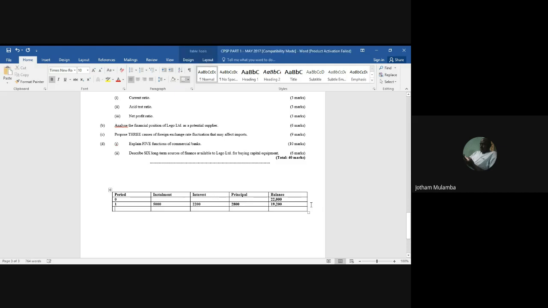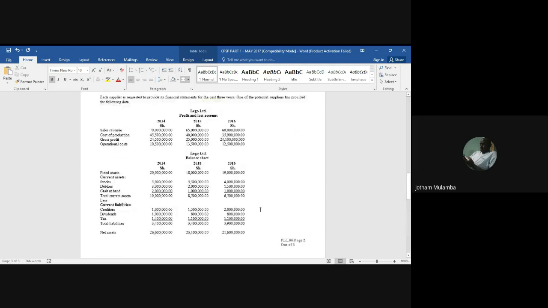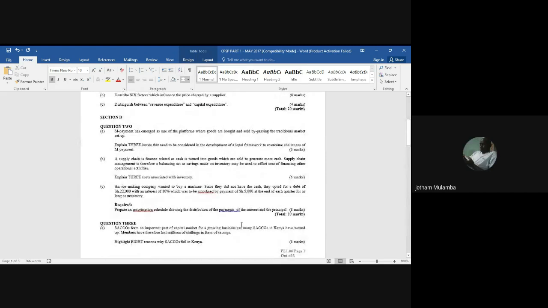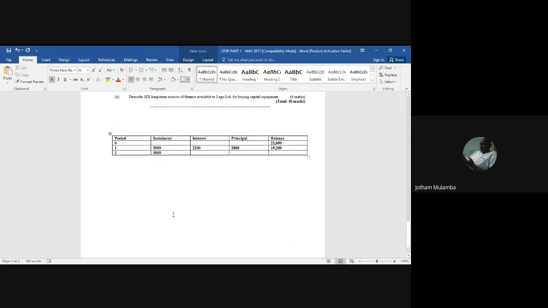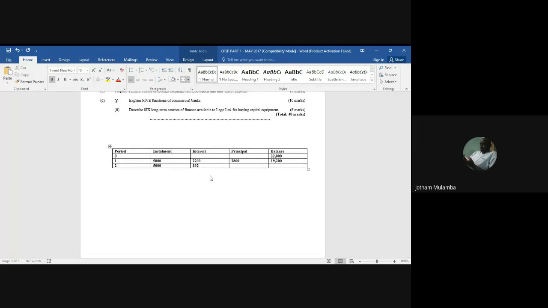In period 2, again we'll pay 5,000. And because we are paying 10%, we'll pay 10% of 19,200. So how much will be the amount for interest? 1,920.